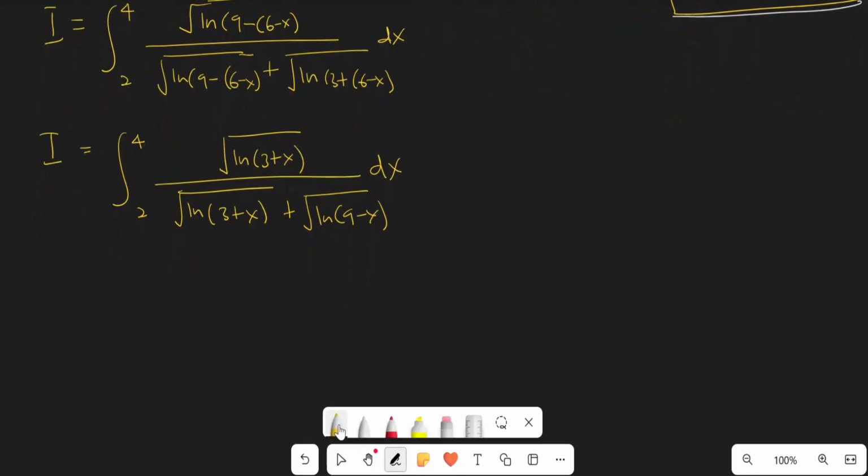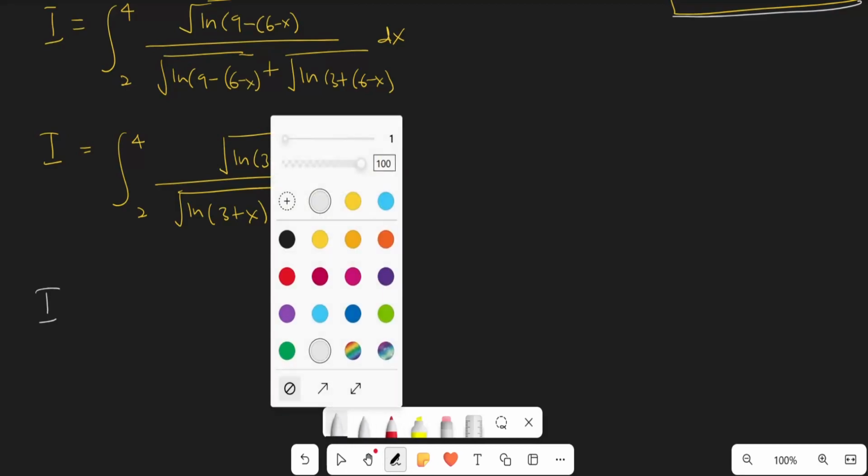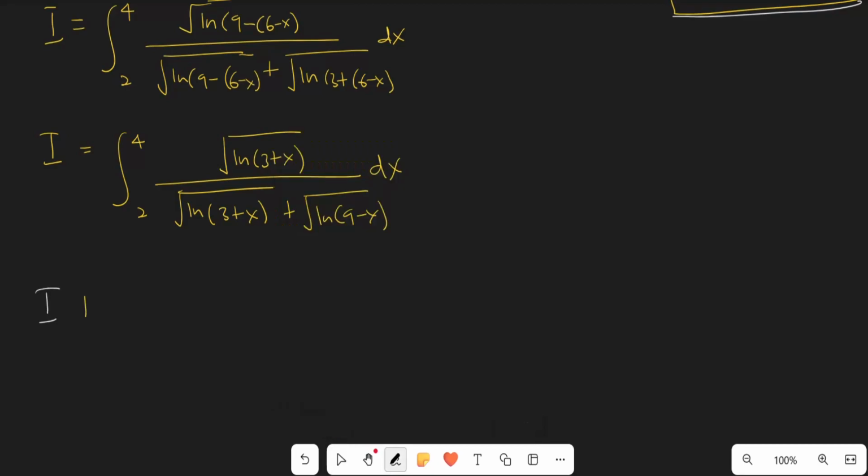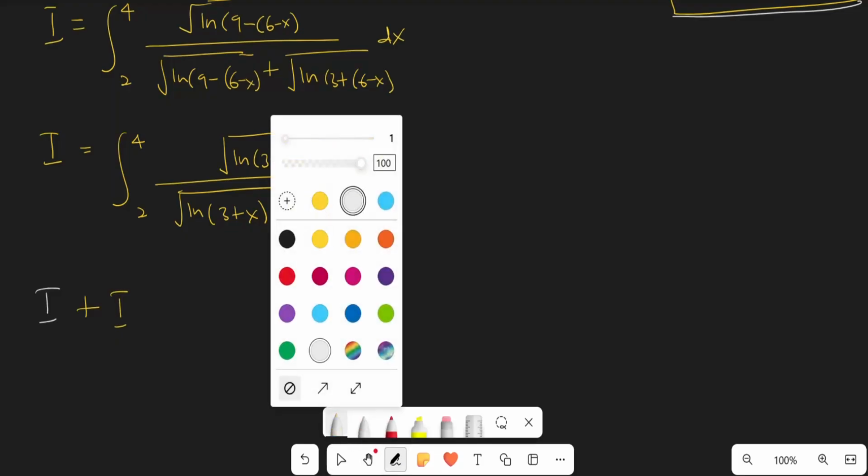So we are now going to add this integral to our original integral. So we have I plus the one transformed by the King's property, which is this one, and that should be equal to summing the two integrals.